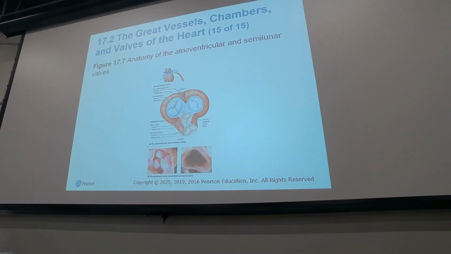So this is the superior view of these valves. So these 2 large valves are the tricuspid on the right side and bicuspid on the left. So this one has 3 cusps, and this one has 2. They're attached to this fibrous ring. And then here are the semilunar valves.